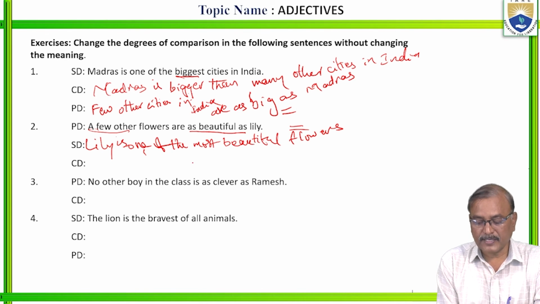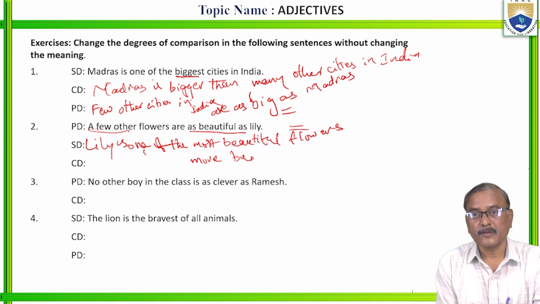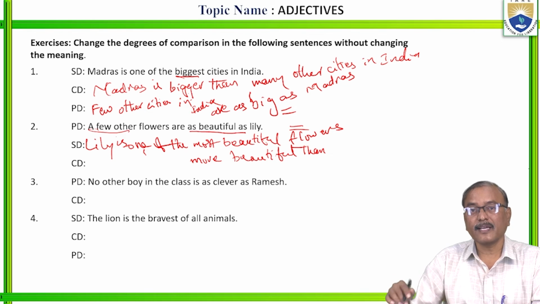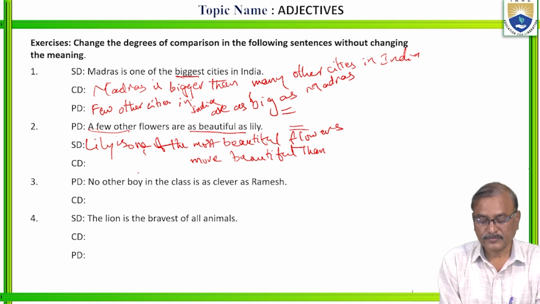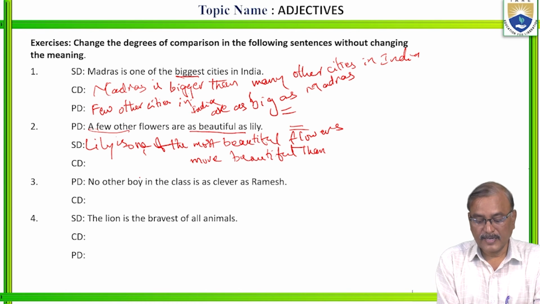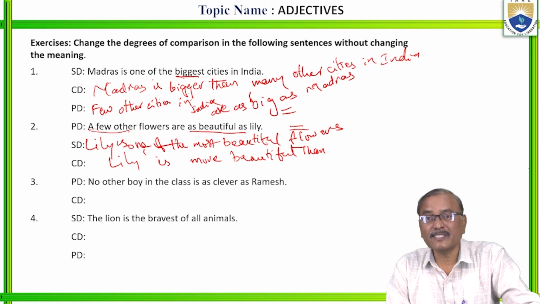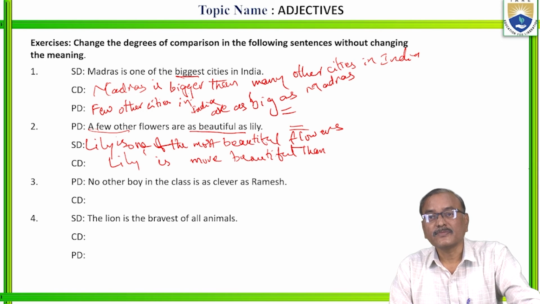In the comparative degree, more beautiful than. Which is more beautiful? Is there any specific other flower? No. Okay. Lily is more beautiful than any other flower, can we say? All other flowers? No. Okay.